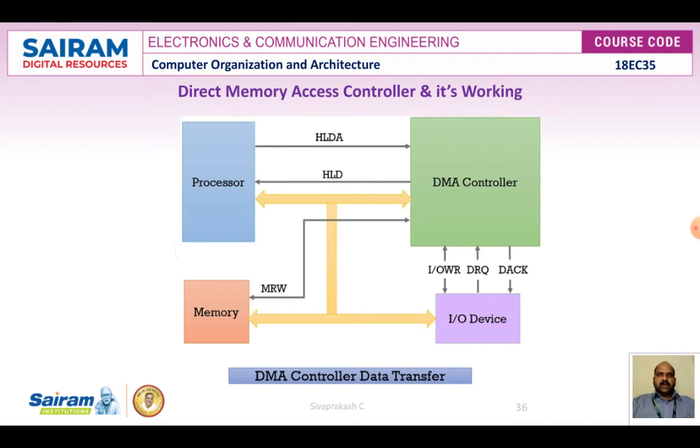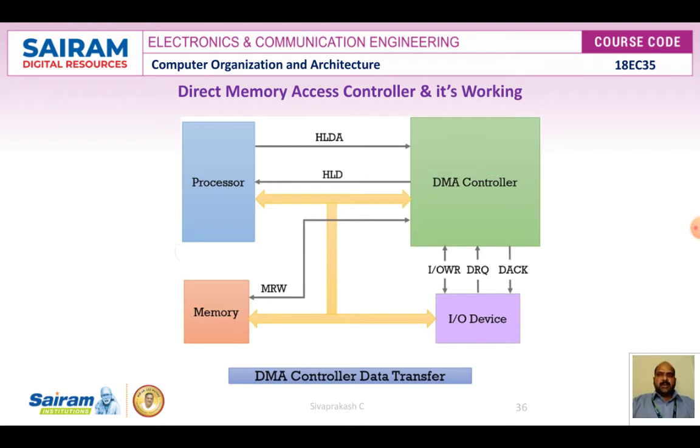When the data transfer is complete, the DMA raises an interrupt to let the processor know that the data transfer has finished, and the processor can take control over the bus again and start processing where it left off.